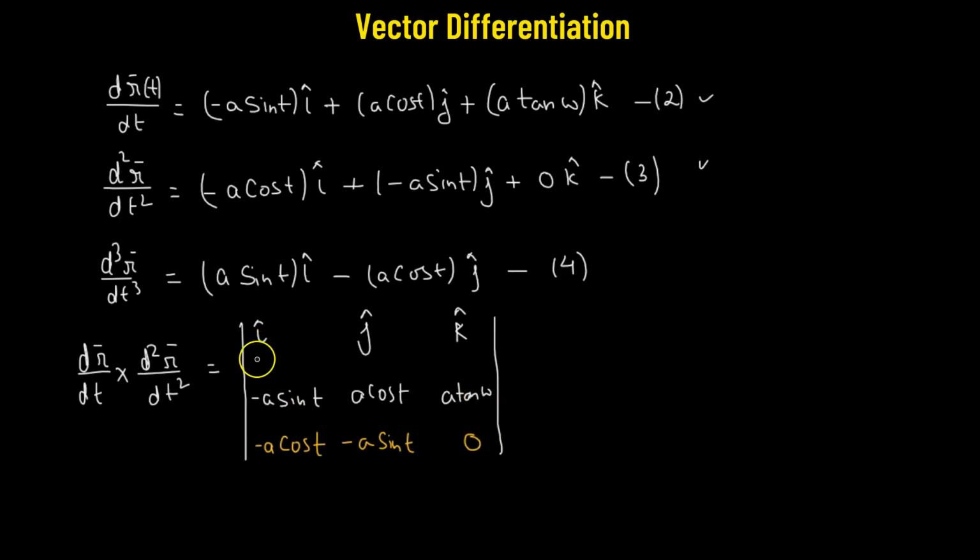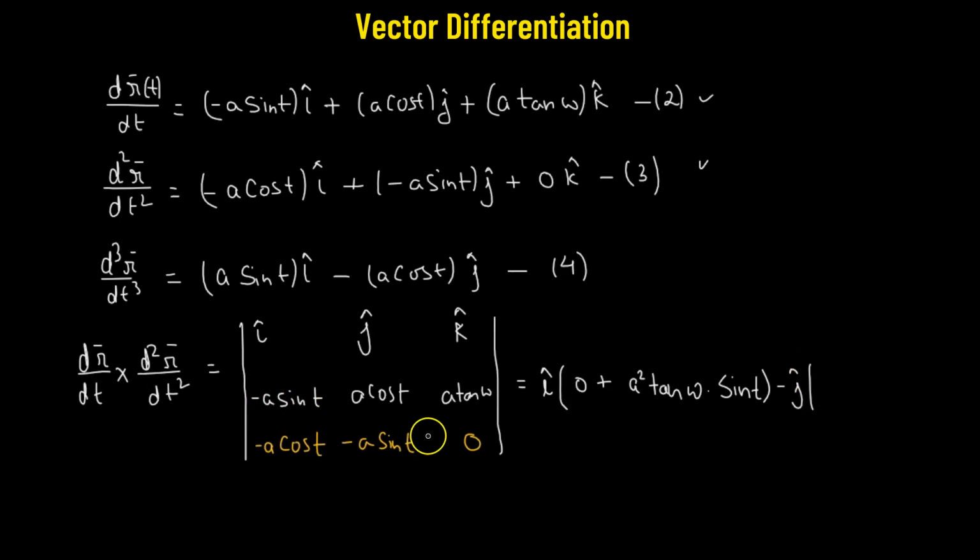So let's expand this determinant along the first row. So this will give us, we have first i cap. So i cap is multiplied to a cosine of t times 0, so that's 0, positive a times 10 omega times negative a sine t, so that will be a squared 10 omega times sine t, minus j cap.